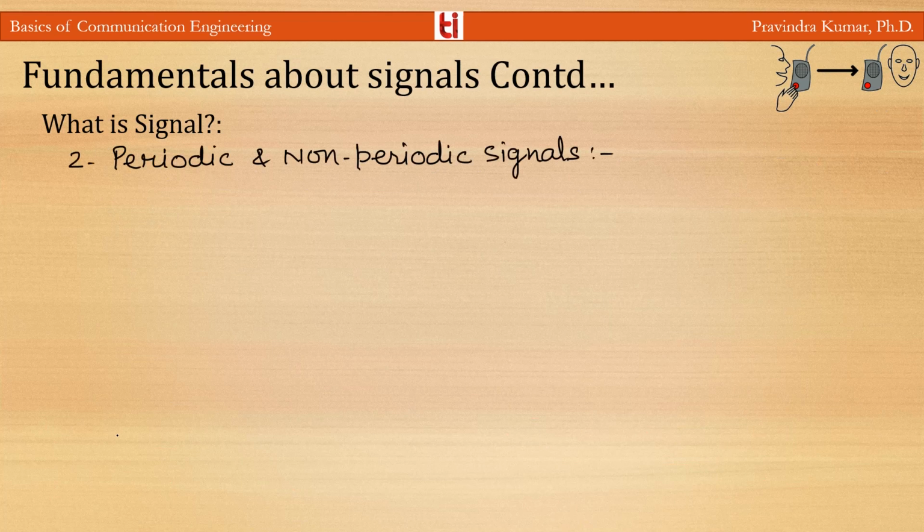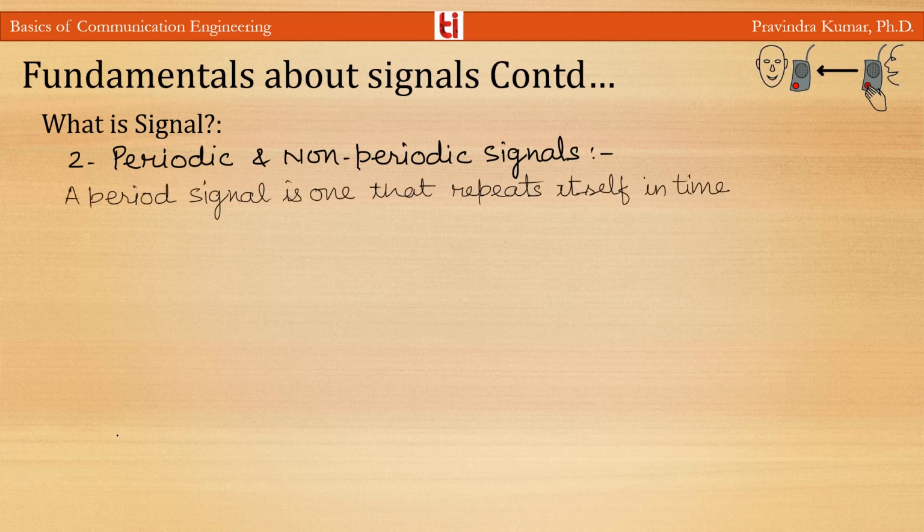Now second is periodic and non-periodic signals. Both analog and digital signals can take one of the forms, periodic or non-periodic or aperiodic. In communication systems, we commonly use periodic analog signals and non-periodic digital signals.